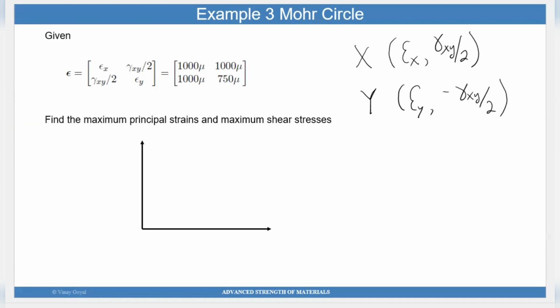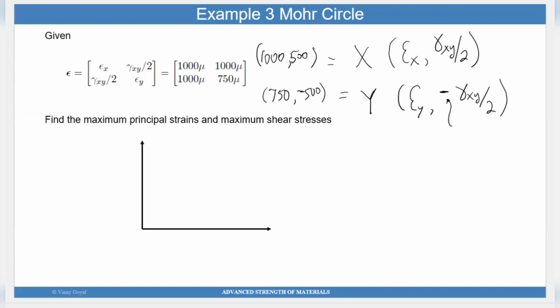For x, epsilon x is 1,000, and gamma xy is 1,000, so that's 500. For y, I have epsilon y, which is 750, while gamma xy divided by 2 is negative 500. You have to remember that sign, a negative.